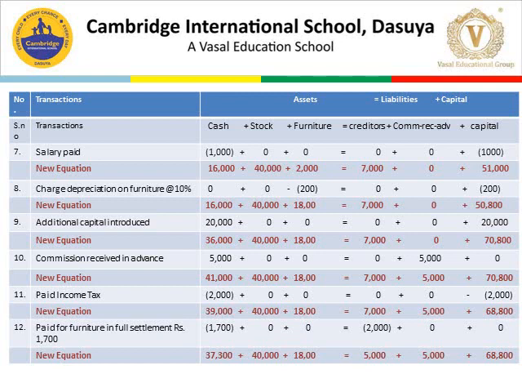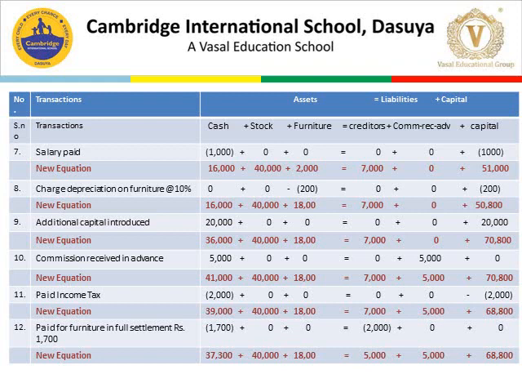There is no change in stock, so stock will be 40,000. Furniture, there is no effect on furniture, 1,800. Creditors, no change, 7,000. Commission received in advance, no change, 0. Capital, there is additional capital which is added with the capital, 50,800 plus 20,000, we are left with 70,800.